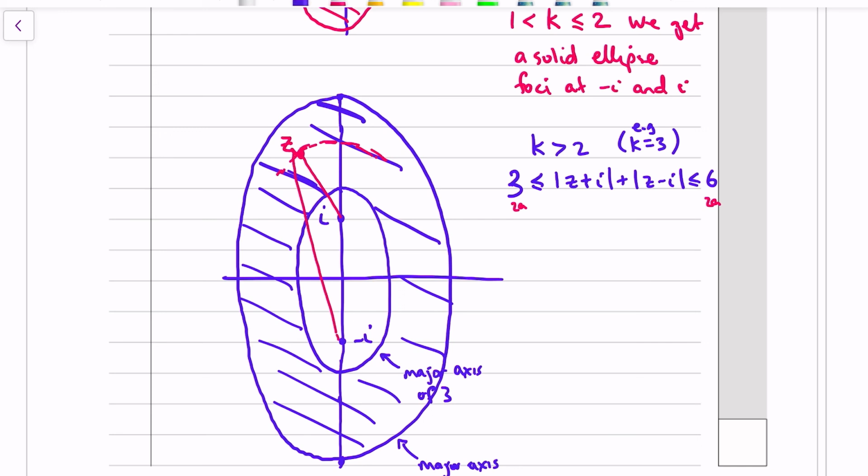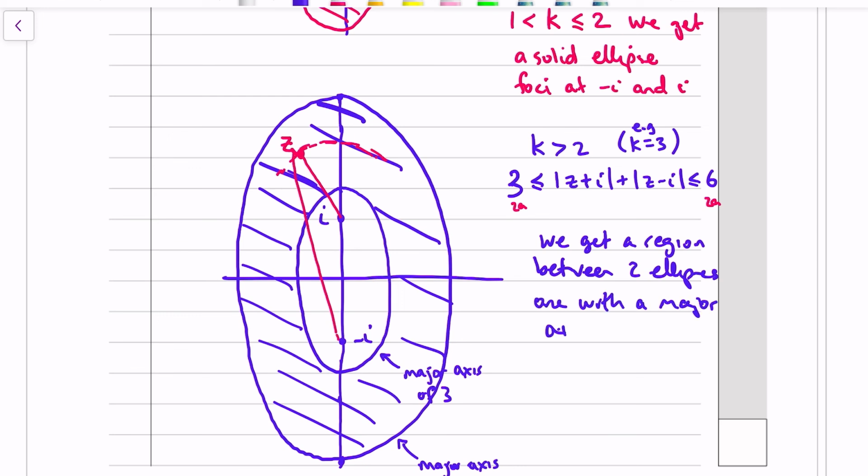Okay, so if k is greater than 2, we get a region between two ellipses. One with a major axis of k, and the other a major axis of 2k.